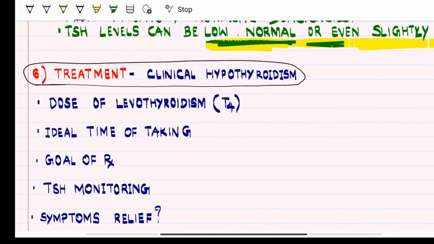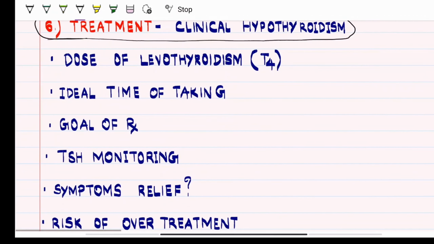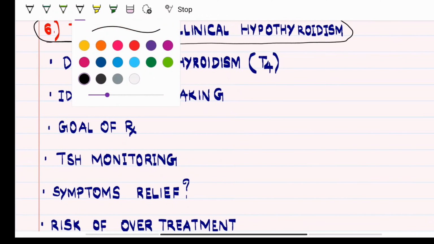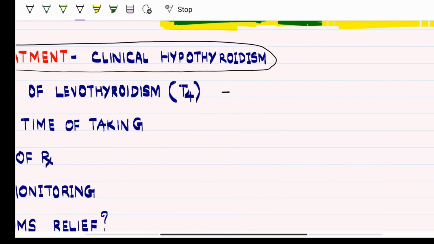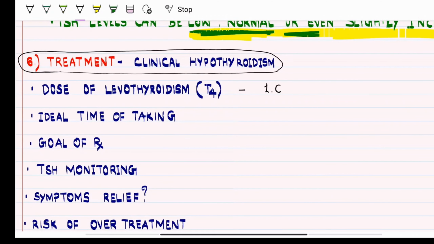So now we'll discuss the treatment of hypothyroidism, clinical hypothyroidism. You should understand that the dose of levothyroxine to be given is about 1.6 microgram per kg per day. That comes to around 100 to 150 microgram per day.